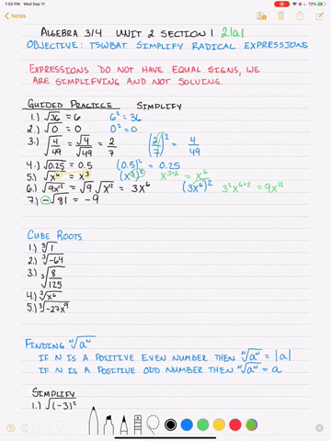So it's okay to have a negative on the outside of a radical, but if I had something like the square root of negative 81, this does not equal negative 9. These are two different things, because negative 9 squared is positive 81, not negative 81. So I cannot take this square root. This does not give me a real number.